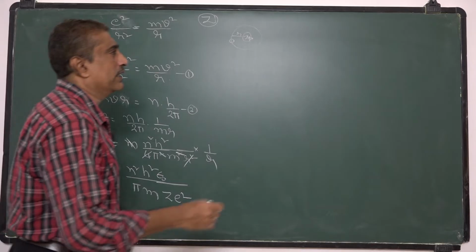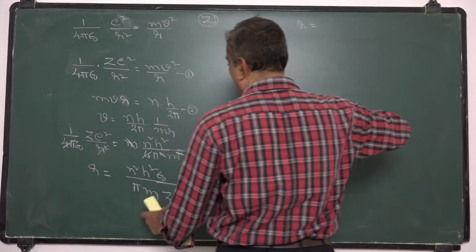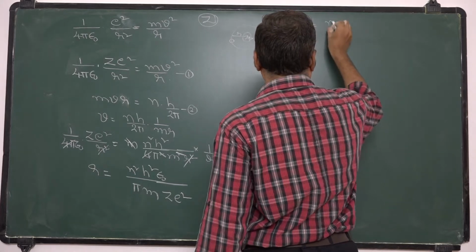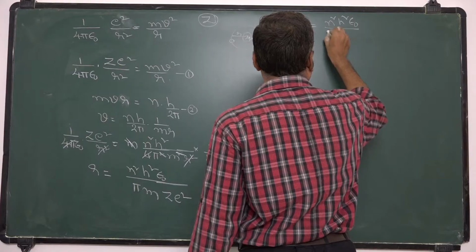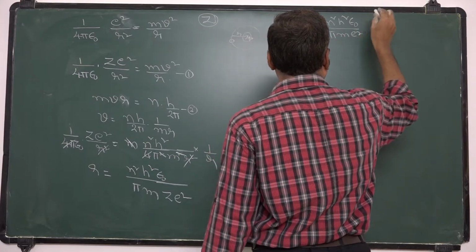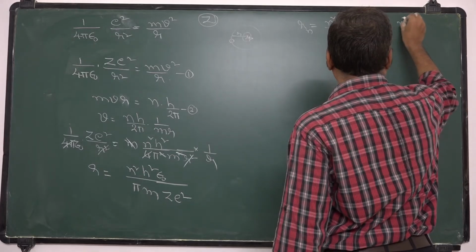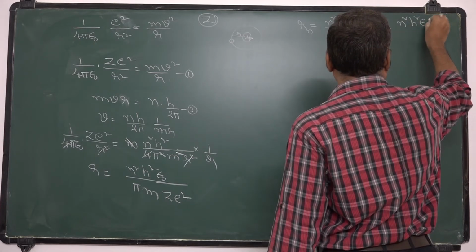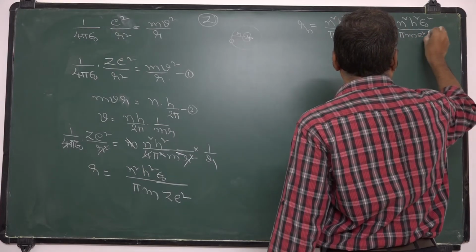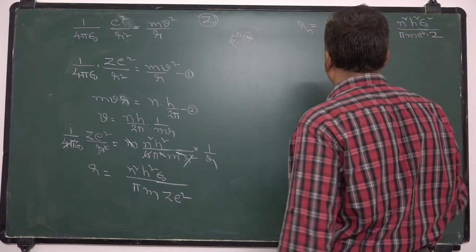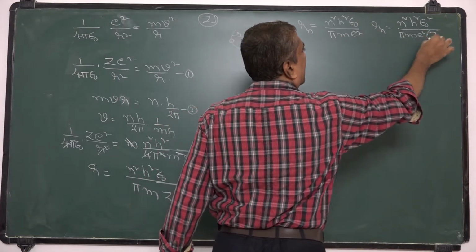Actually, in the case of Bohr's atom, Bohr's radius is n square h square epsilon naught by pi m e square. But here we got r n is equal to n square h square epsilon naught by pi m e square into Z. So by comparing these two equations, we got another term Z here.